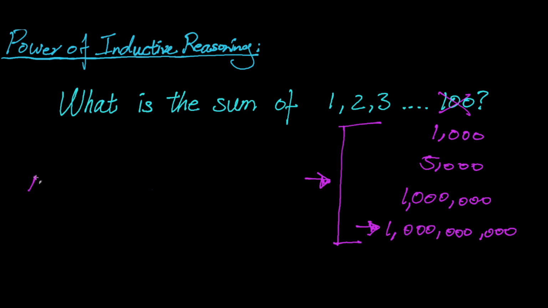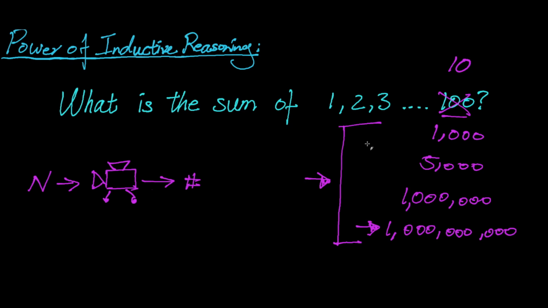Maybe if we were given any number, we could plug it into a formula of some sort, which is a function, and that would spit out an accurate sum at the end. So instead of trying to do this with 100, let's try it with just 10.